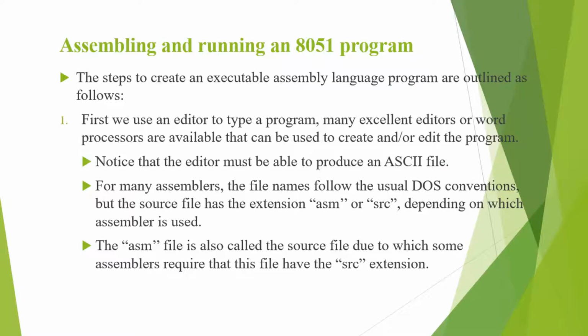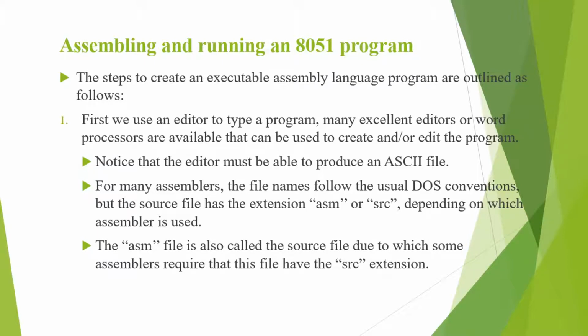Assembling and running an 8051 program. Here we'll see how an assembly language program is created, assembled and made ready to run. The steps to create an executable assembly language program are outlined as follows. First, we require an editor to type the program. Any editor or word processor which is available can be used to create or edit the program.